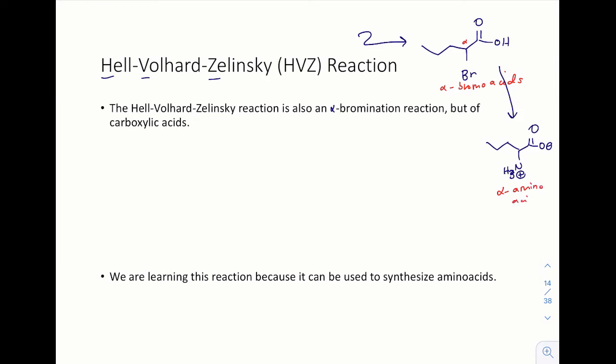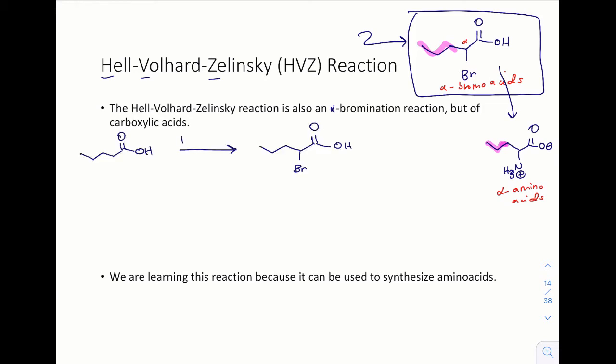And amino acids are the building blocks of proteins, and chemists need to synthesize naturally occurring and unnaturally occurring amino acids. So this is actually a useful intermediate, this alpha bromo acid, because it can be converted to an amino acid. And then, whatever this chain is determines what type of amino acid is generated. So that's why we're taking the time to learn this.